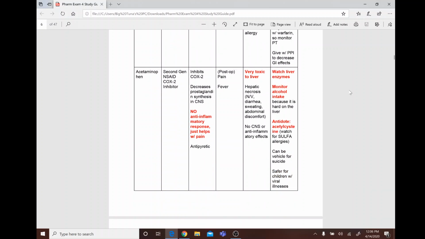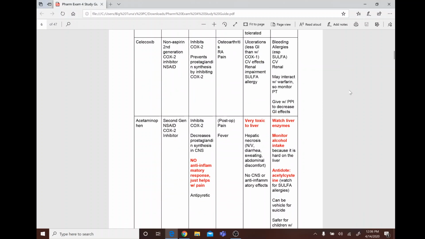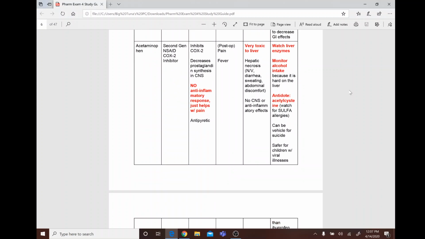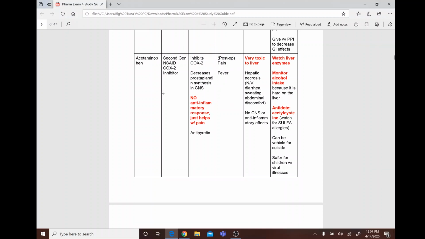All right, acetaminophen. What is the class of acetaminophen? Second gen NSAID COX-2 inhibitor. What is the action of acetaminophen? Inhibits COX-2. No anti-inflammatory response, just helps with pain.